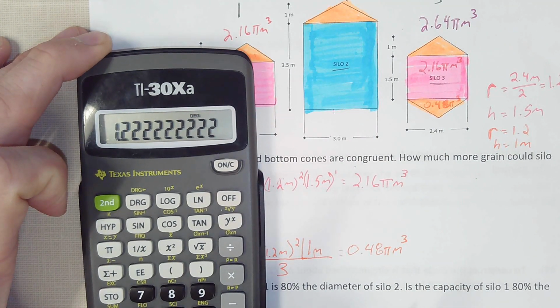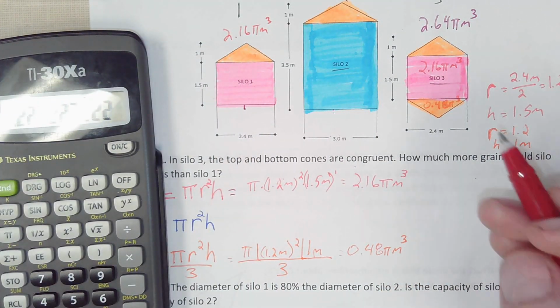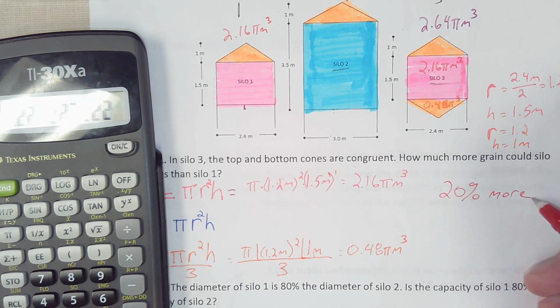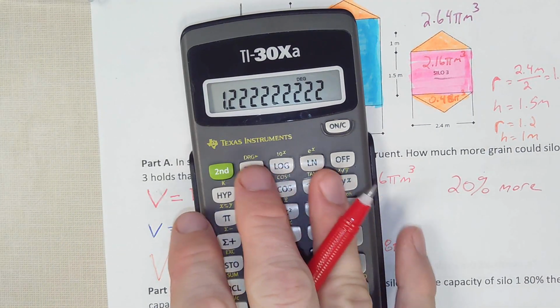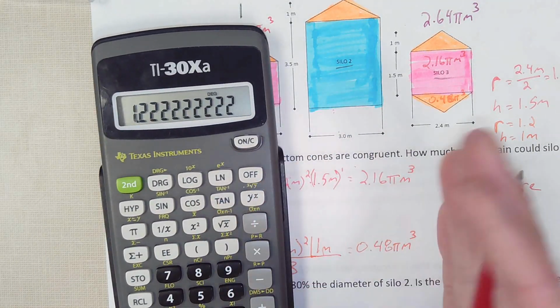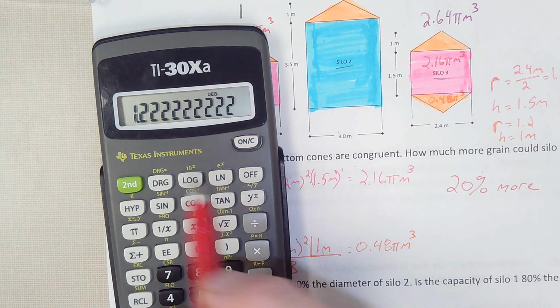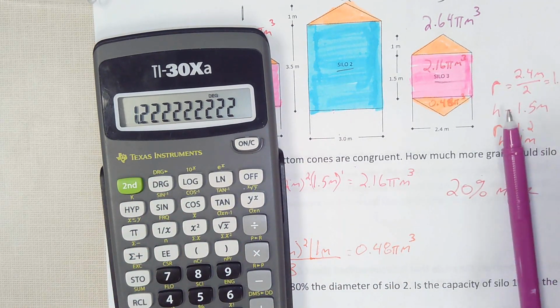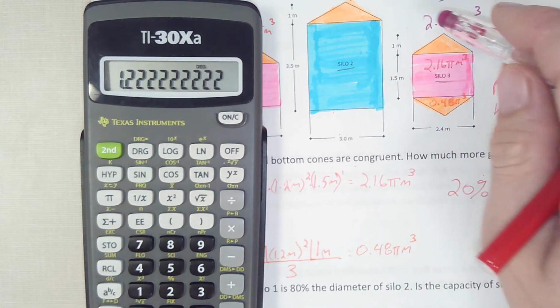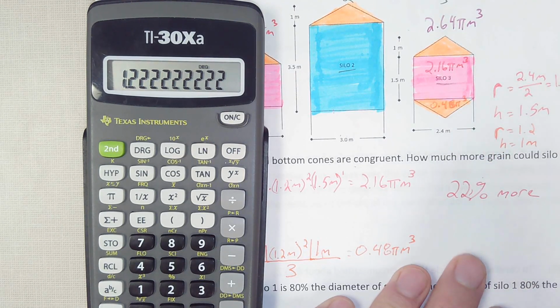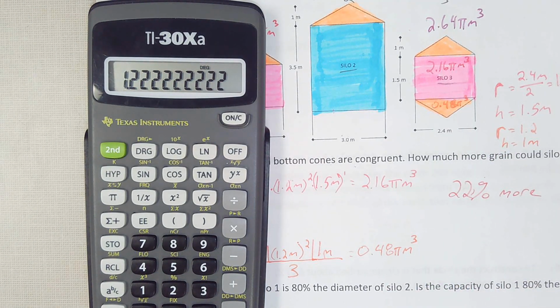So this one holds 1.2 times, or 20% more. Actually, technically, it's 22% more. Okay, so that is that one there.